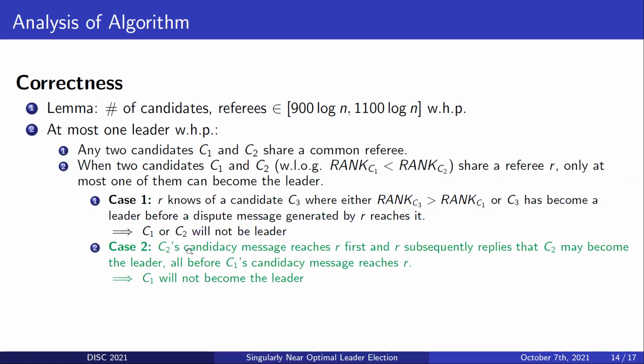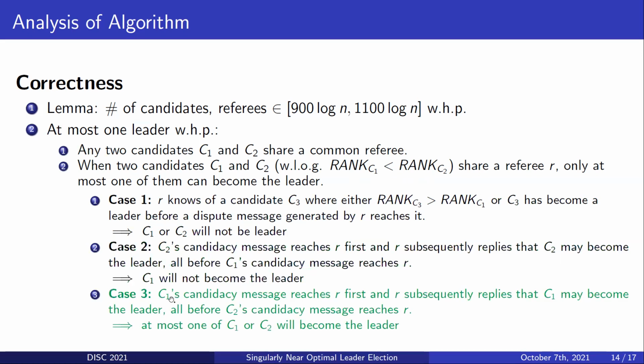Next, we'll consider a situation when R already knows about C1 or already knows about C2. If R already knows about C2, and it's already said that C2, you can become the leader, all before C1's candidacy message reaches R, then C1 will not become the leader because C1's rank is smaller than C2.